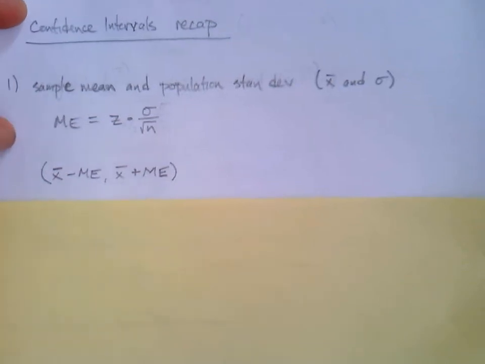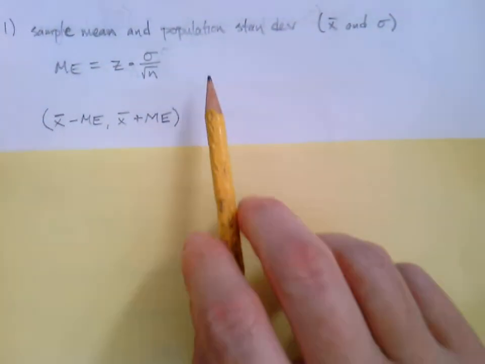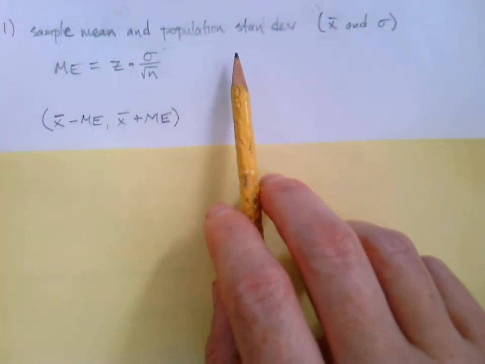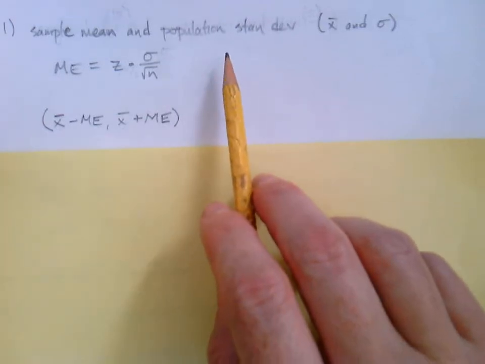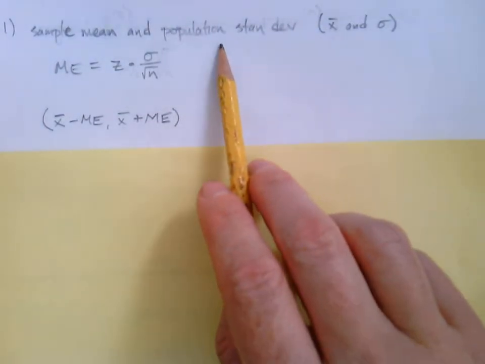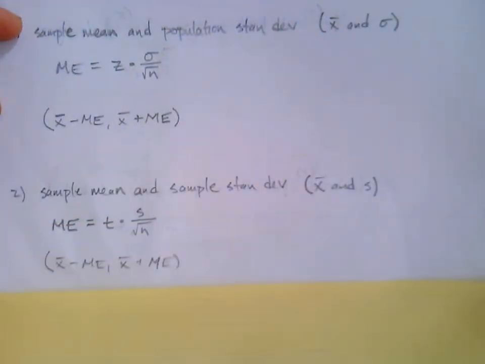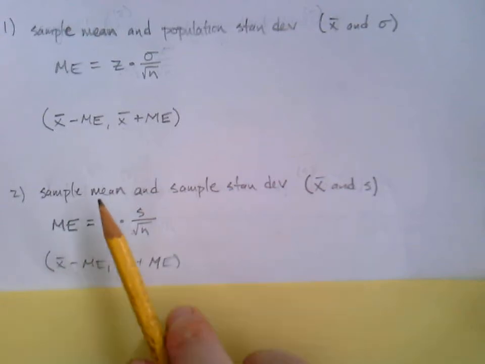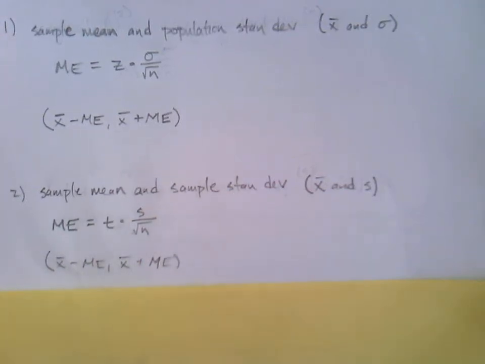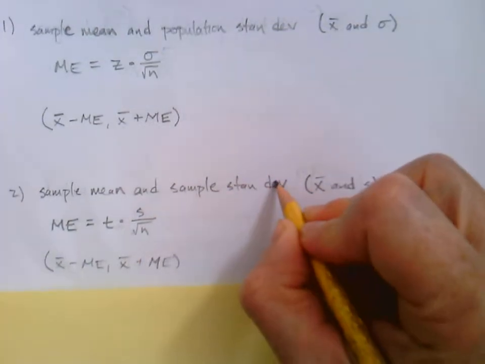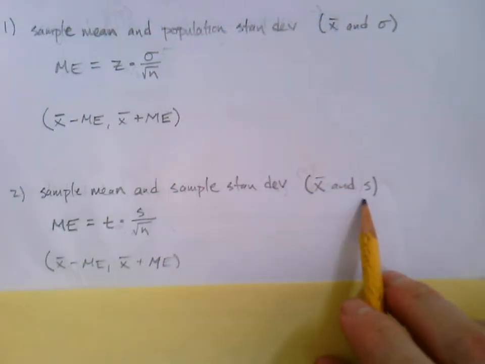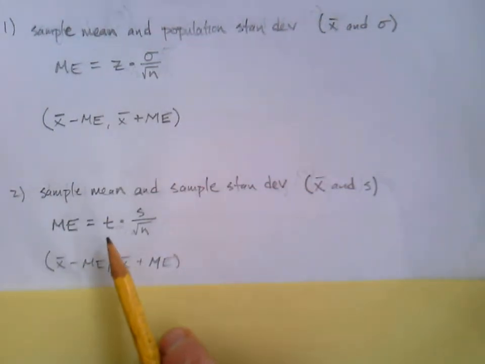But then we learned that if you have a smaller sample size, typically, or just depending on the case, you're often not given the population standard deviation. Sometimes you're given the sample standard deviation. So if you have a sample average and a sample standard deviation, you might call those x bar and s, then you have to use the upper t-score for your confidence level.